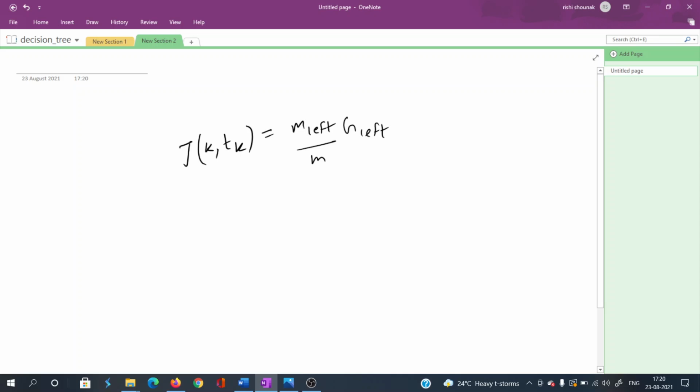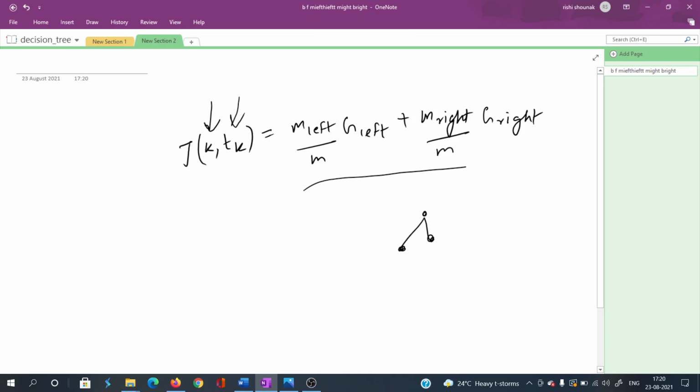Here G is the impurity. So what is this left and right? Actually, this is the splitting that is occurring. While splitting into left and right, we are checking the best feature k for which there is a threshold tk that is minimizing this value.